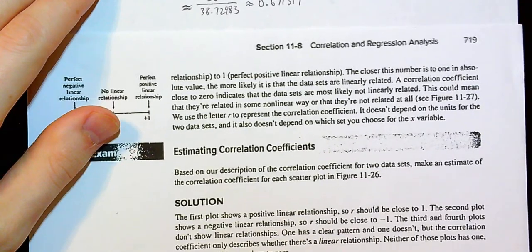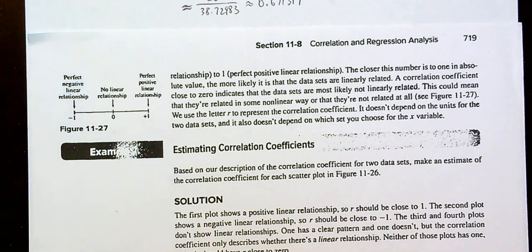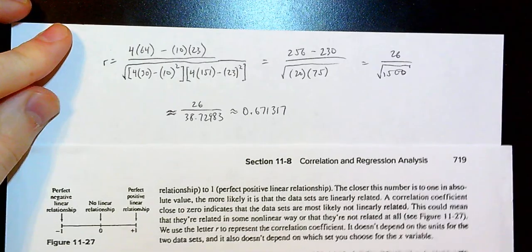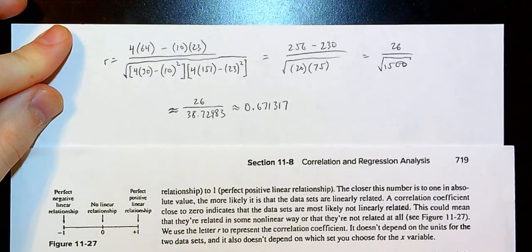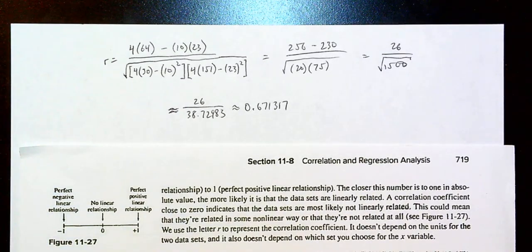The square root of 1500 is approximately 38.72893. And if you do 26 divided by that number, you get approximately 0.671317.